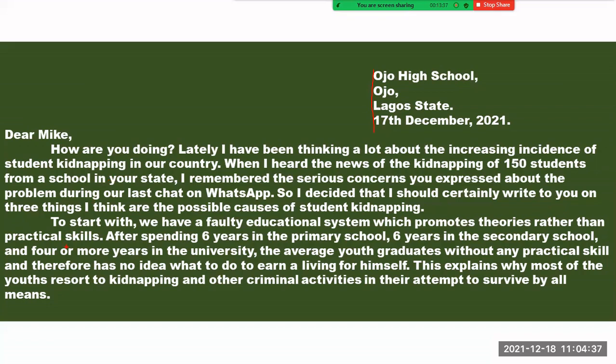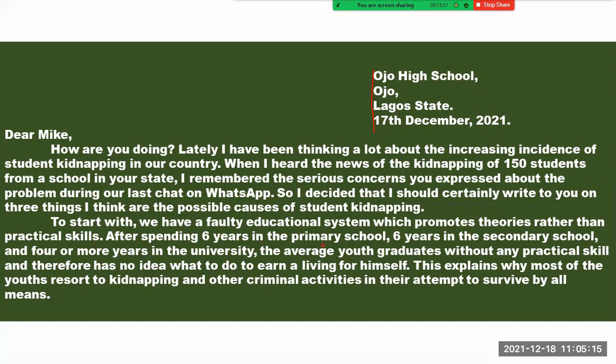So paragraph 2 states, to start with, we have a faulty educational system which promotes theories rather than practical skills. You see, you are saying that this is one of the possible causes, but then you have to explain this for the reader to understand. You don't just mention a faulty educational system without explaining how it becomes a real cause of student kidnapping.